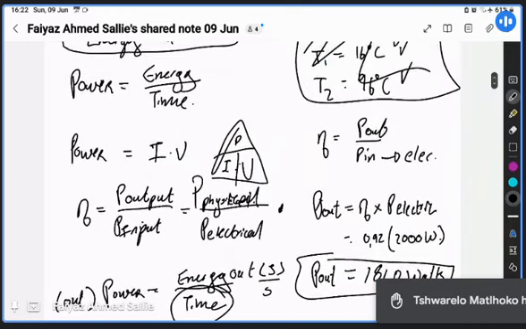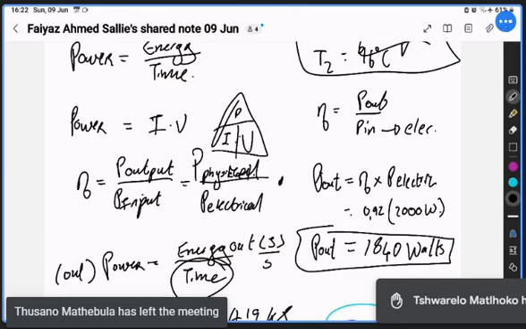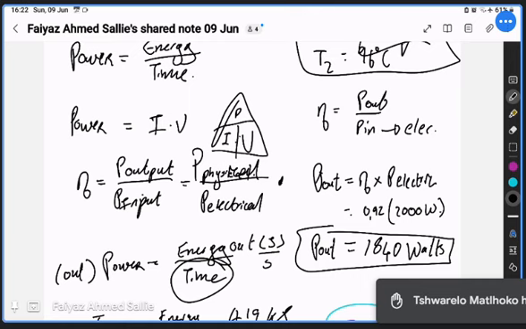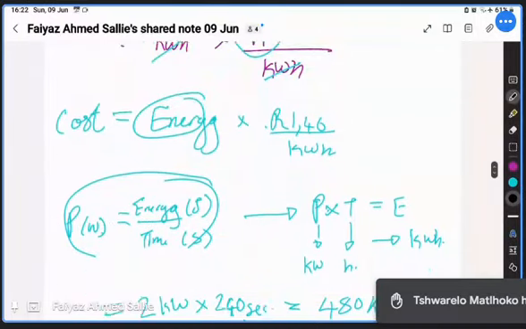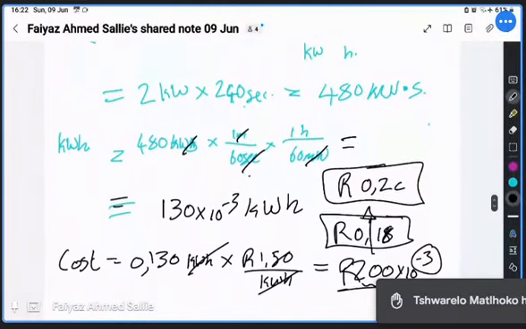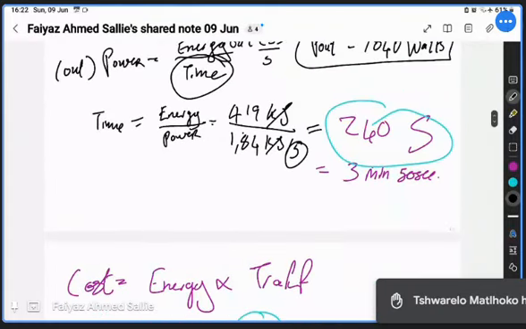What value is that? Yes. So how did you get 260? I got 227, 260. What are you talking about?